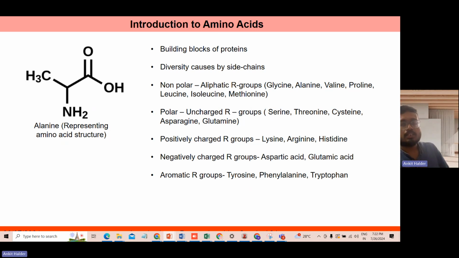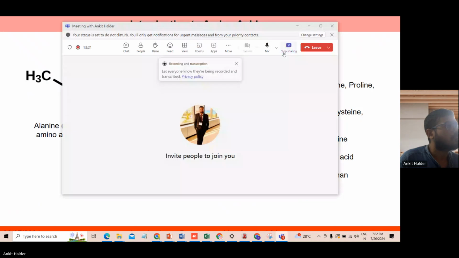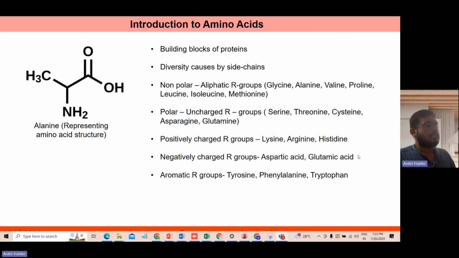The major thing that I wanted to say is that there are different R groups that make it diverse, as you know.